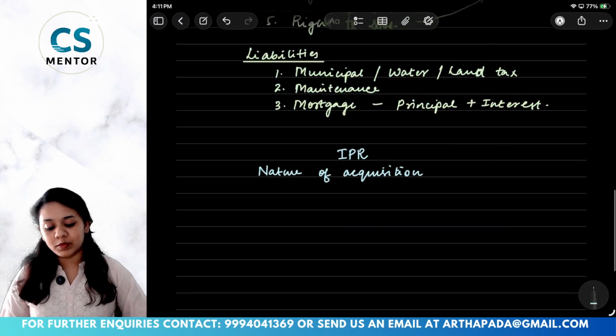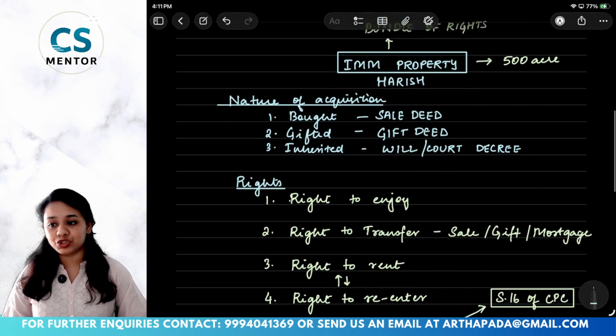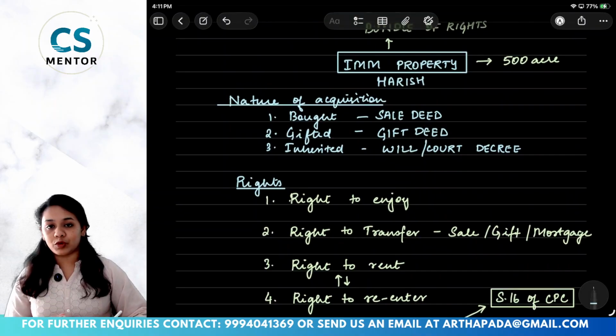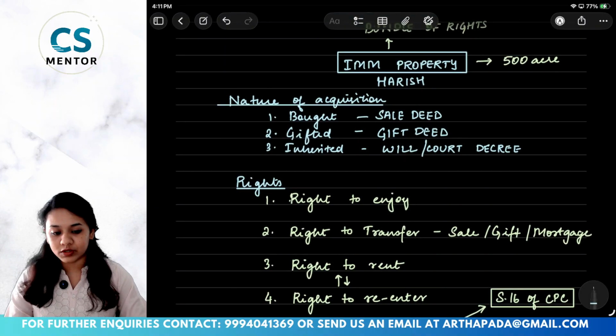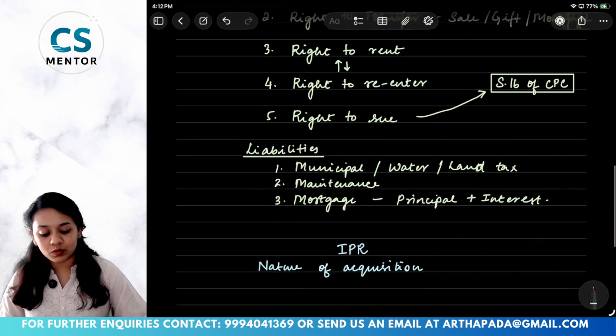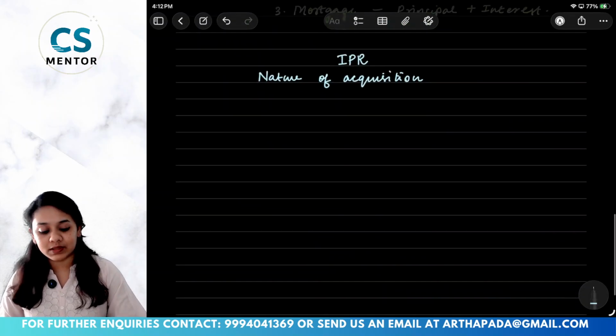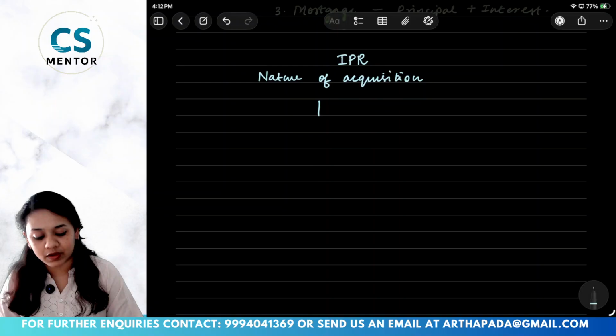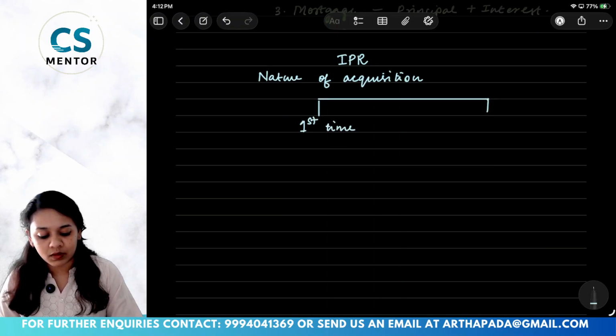For movable or immovable property, we had to show that we are the owners, whether we bought it, or it was gifted to us, or we inherited it. But with respect to intellectual property, you can divide the nature of acquisition into two parts. What are these two parts? The first time it is acquired, and all of the subsequent acquisitions.